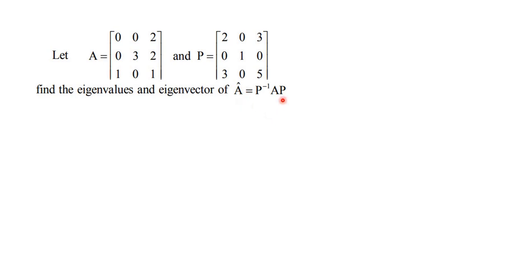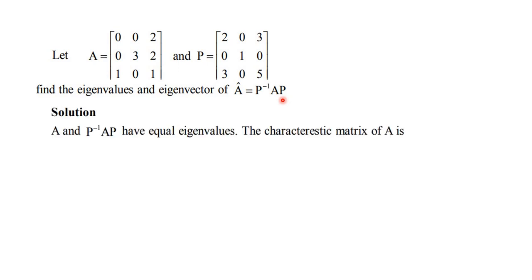A cap is similar to A, so the eigenvalues of A cap are the same as the eigenvalues of A. That is the solution: A and P inverse AP have equal eigenvalues. We find the eigenvalues of A, and then the eigenvalues of A cap are the same.